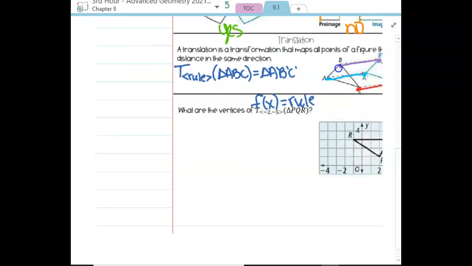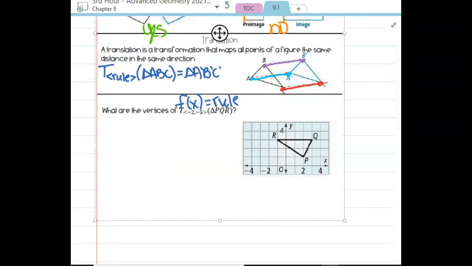Now, these are specific properties that we can apply whenever I translate triangle ABC, and we talked about some of them. A is a point, A prime is a point.